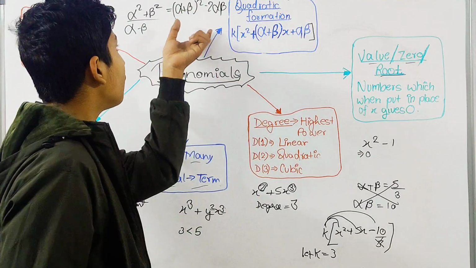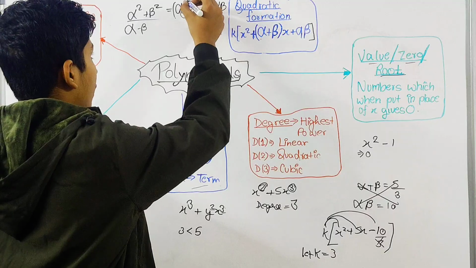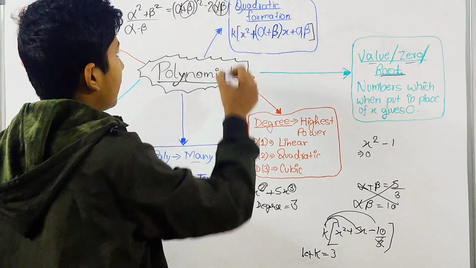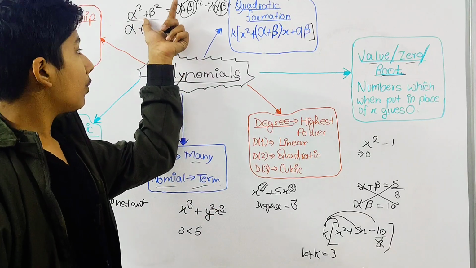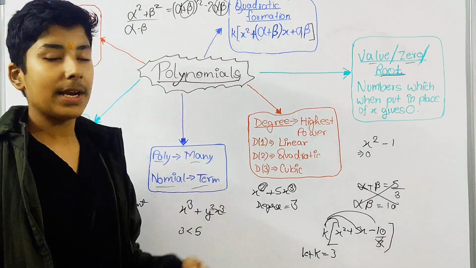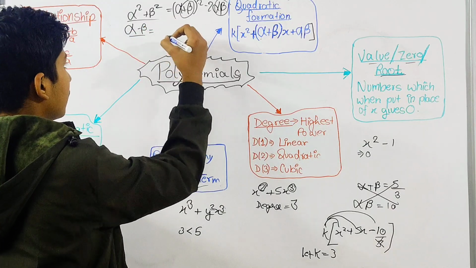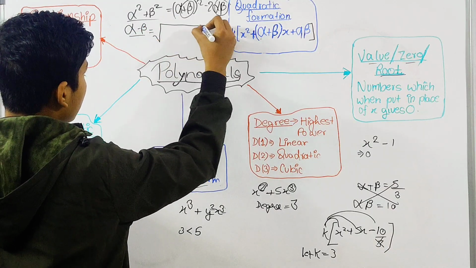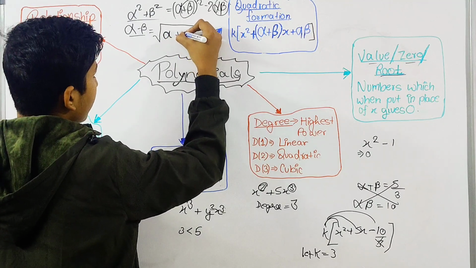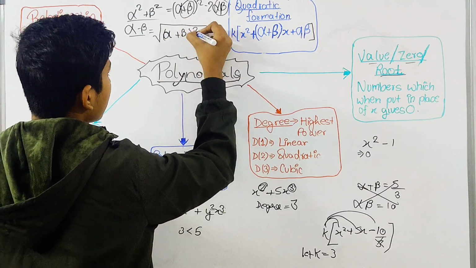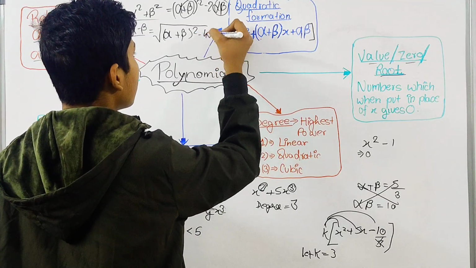And why have I put this, not this? Because there will be only these values given, alpha plus beta and alpha beta. So basically here we have to find out these values using alpha plus beta and alpha beta. So then how will you do this? You will do under root alpha plus beta whole square minus 4 alpha beta.